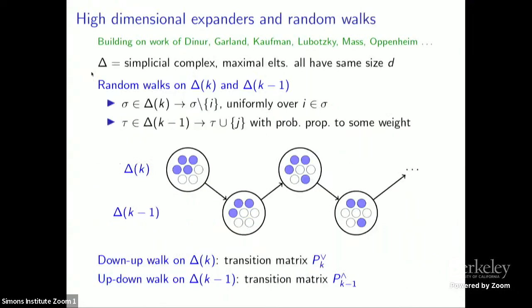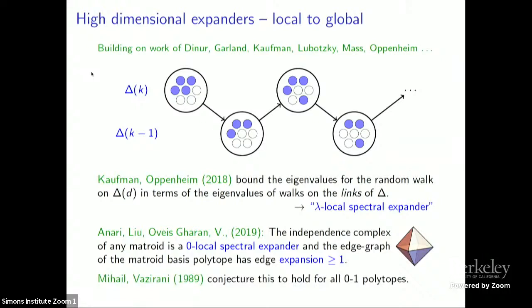So in particular, work by Kaufman and Oppenheim showed that you can bound the eigenvalues of the giant random walk on the largest subsets, which could be quite large, of size D, in terms of the eigenvalues of walks on just links of this simplicial complex, which one should think of as small local pieces of this simplicial complex.